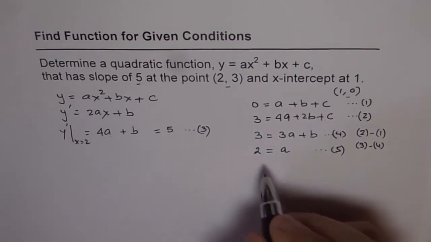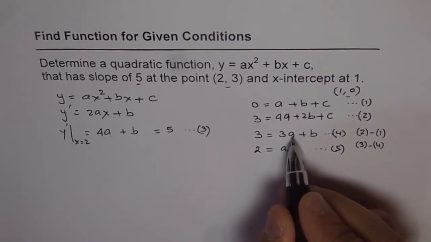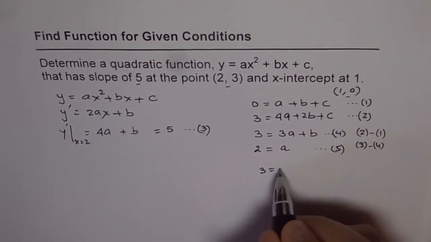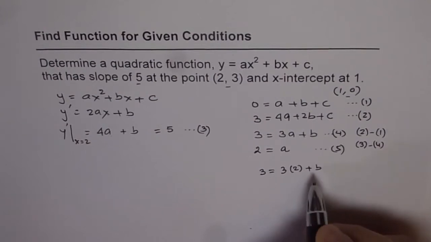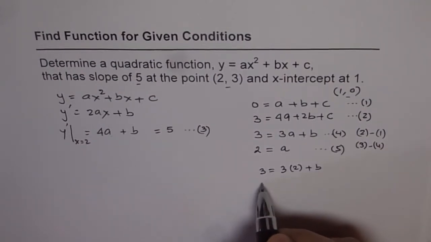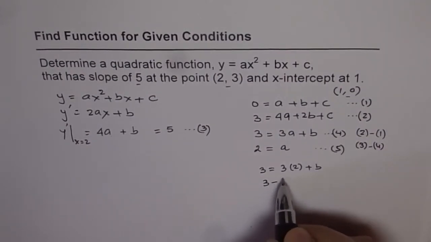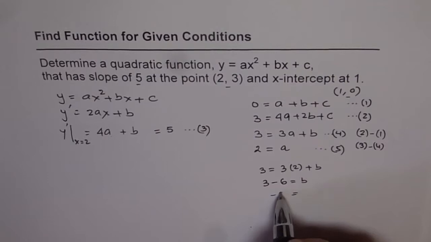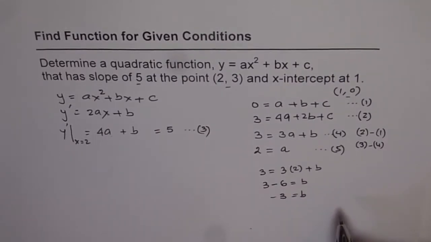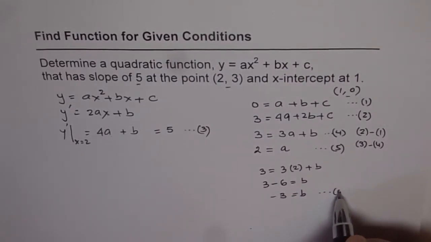So let's do that. If I substitute a equals 2 here, what do I get? I get 3 equals 3 times 2 plus b, and that gives me the value of b, which is 3 minus 6 equals b, so b equals minus 3. Let me call this equation 6.